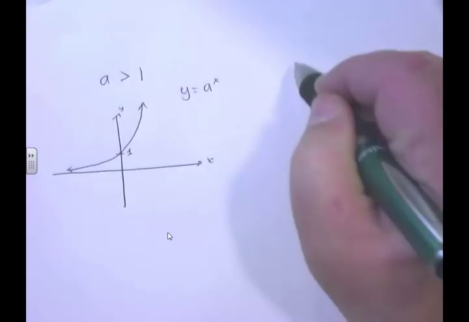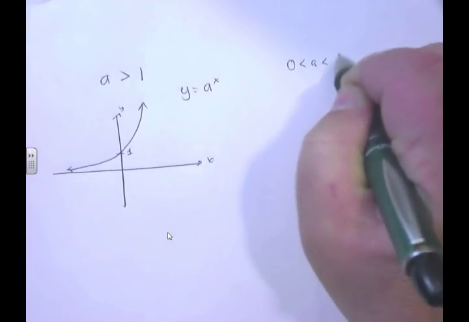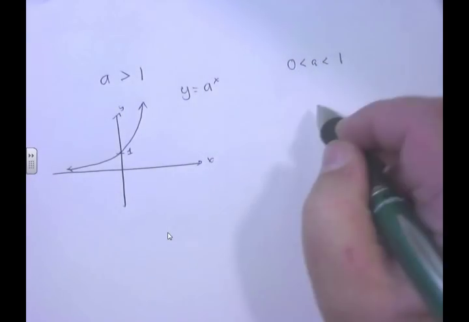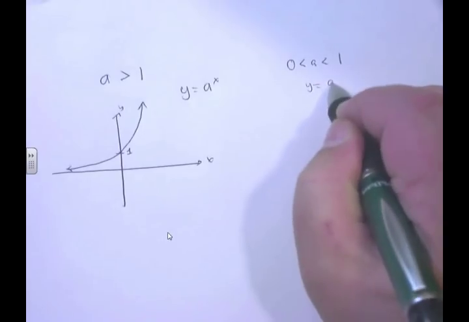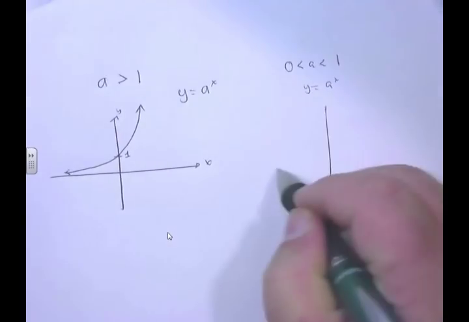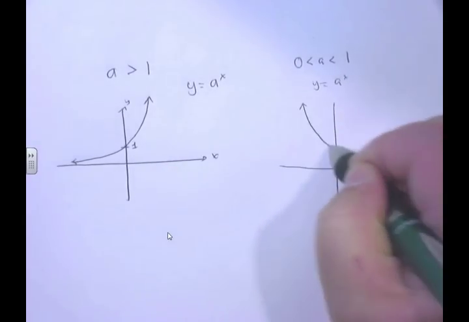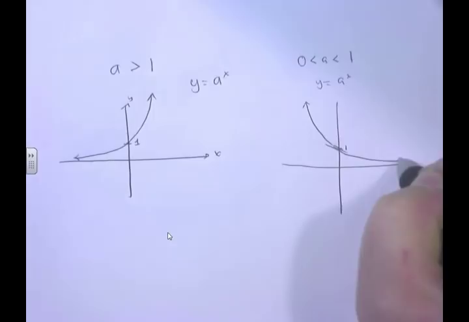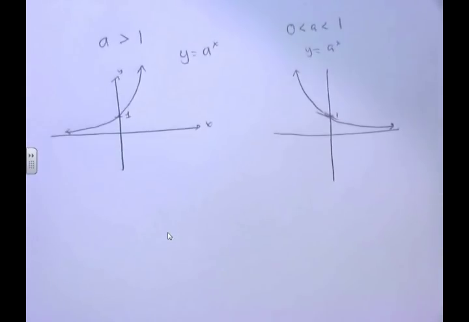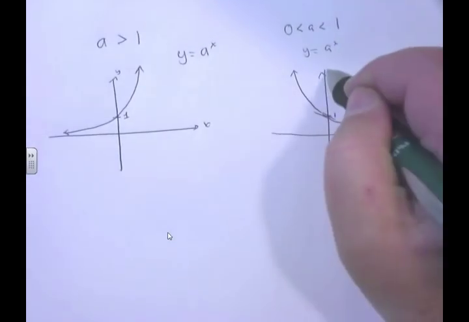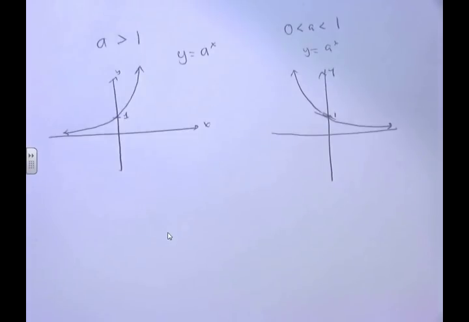Okay? However, if your base is a fraction, and you have y equals a raised to the x, it would look like this. A complete reflection across the y-axis of the graph.